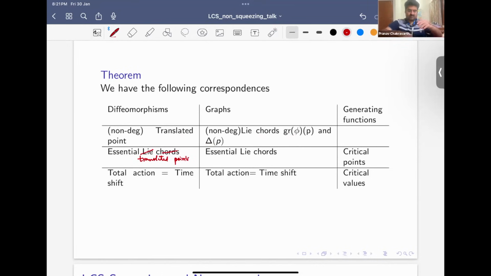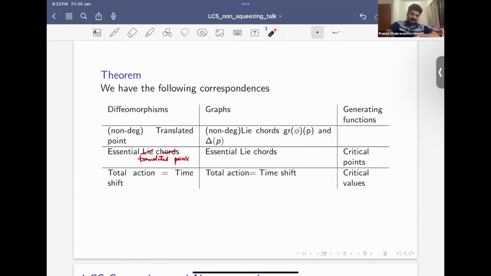Essential translated points correspond to essential Lie chords for the graphs, and they also correspond to critical points of the generating function of the graph of the diffeomorphism.